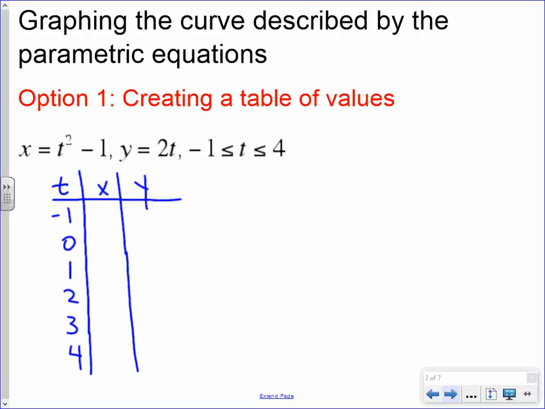Okay, so when we plug in -1, what do we get for x? 0 and for y? -2. When we plug in 0, we get -1, 0.